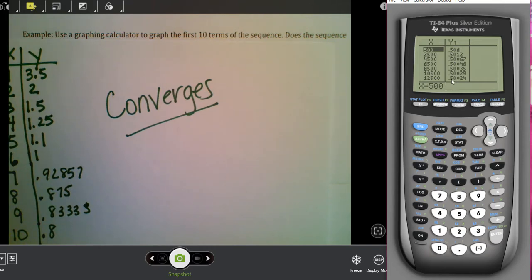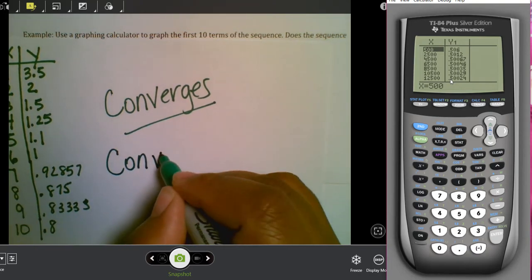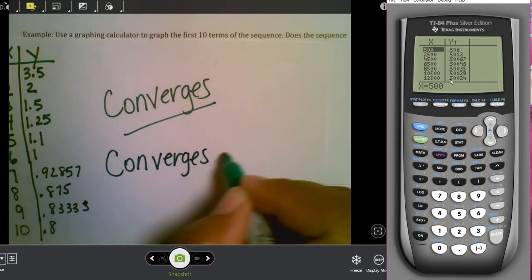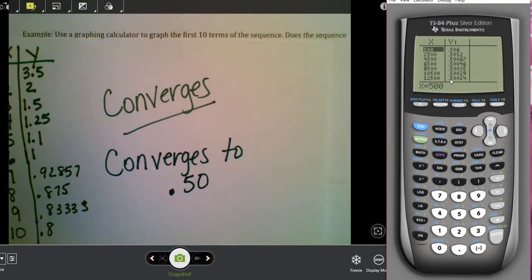It's converging to 0.50. So the number is 0.50.